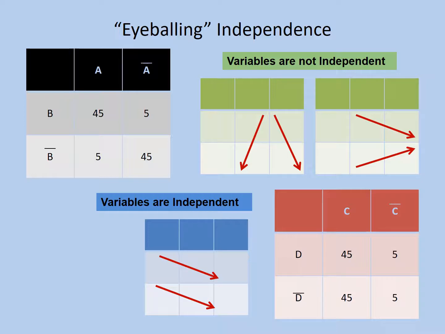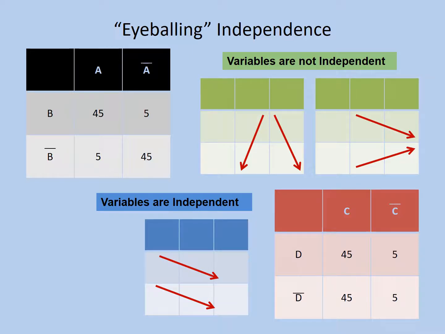Alternatively, we can eyeball independence by drawing vertical arrows to compare how the data in one row changes to the other row for each column of the table. Thus, in column A at the top, the cell frequency decreases from 45 to 5, so we have drawn a vertical arrow that leans downward to the left.